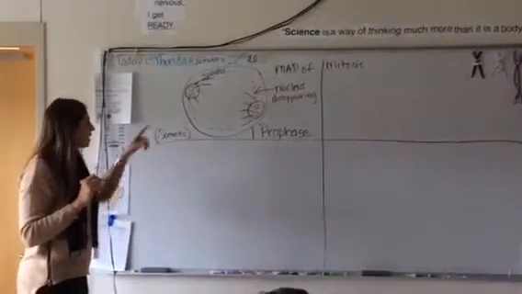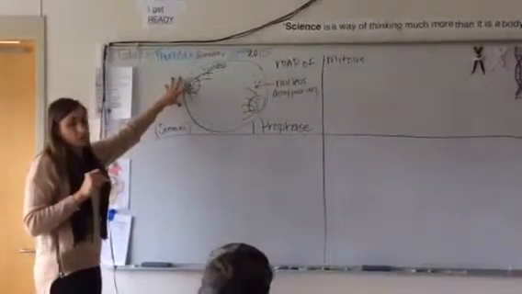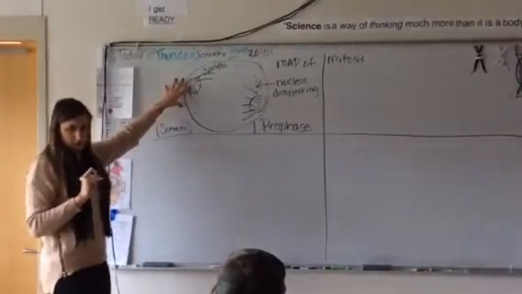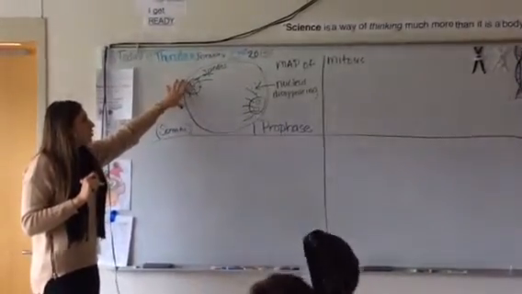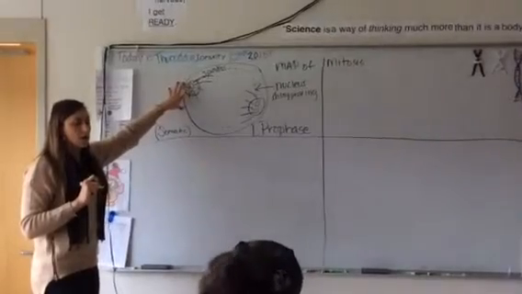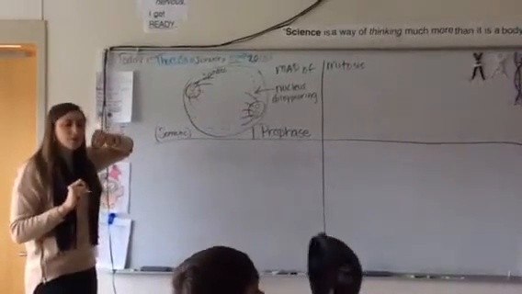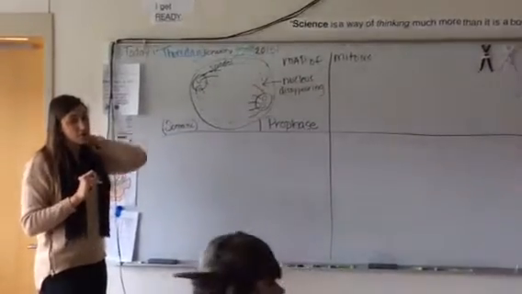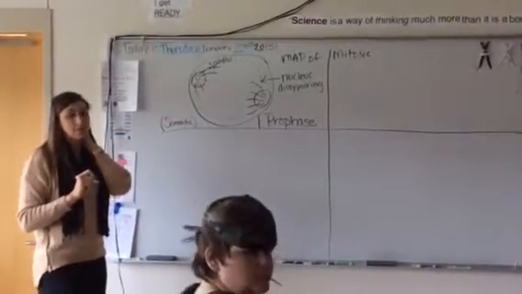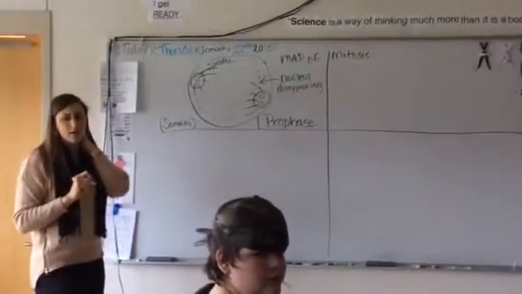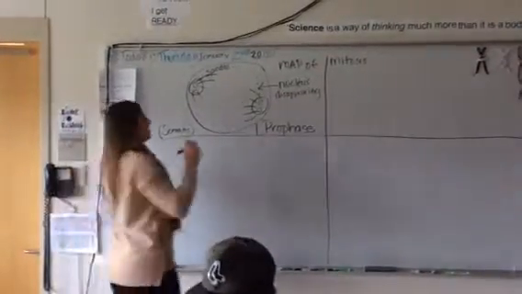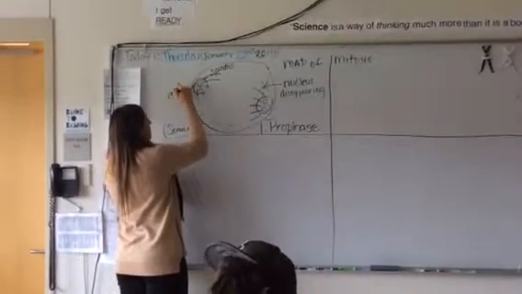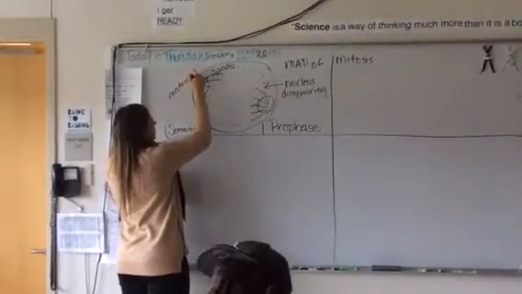Does anybody remember from our vocab words the other day what the microtubules that the spindles grow out of are called? Starts with a C. Centrioles. Awesome, Lex. So these little squares are representing centrioles.